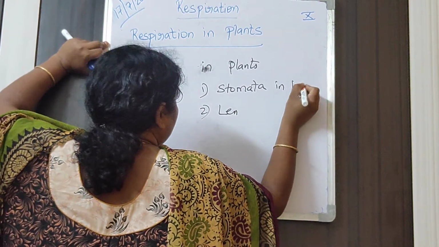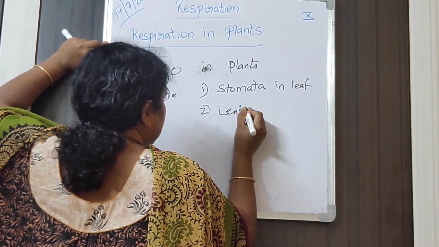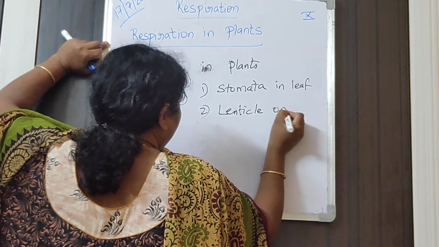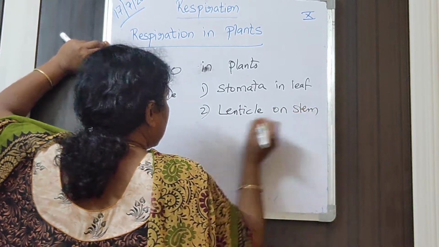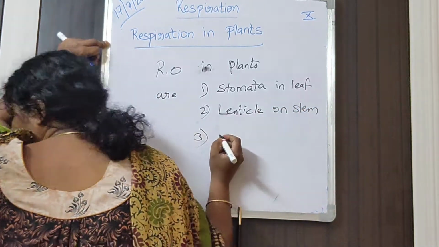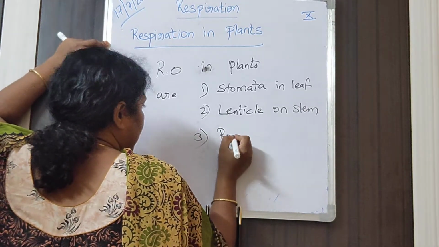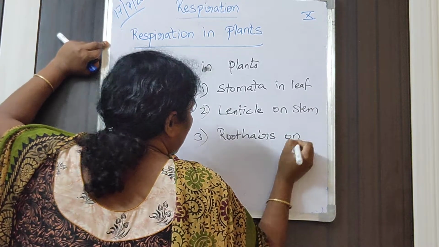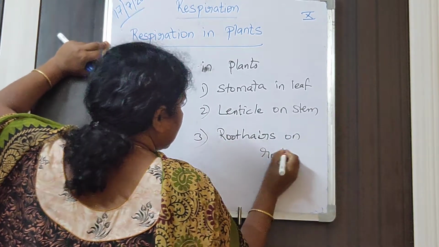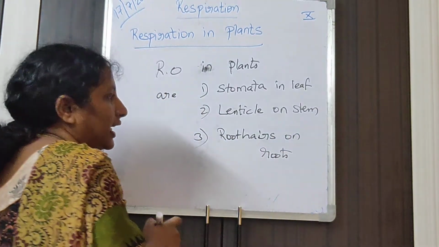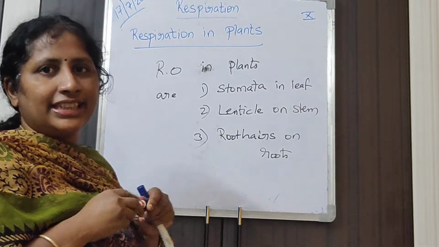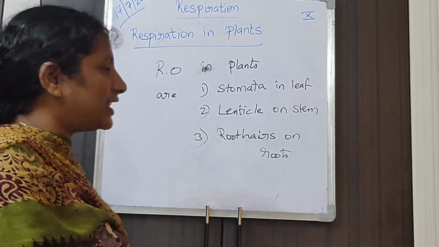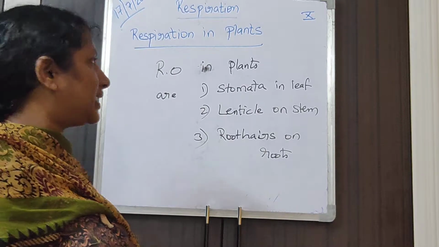Stomata in the leaf, lenticels on the stem and branches also. Next, root hairs on the root. So these are the respiratory organs present in plants. Clear?